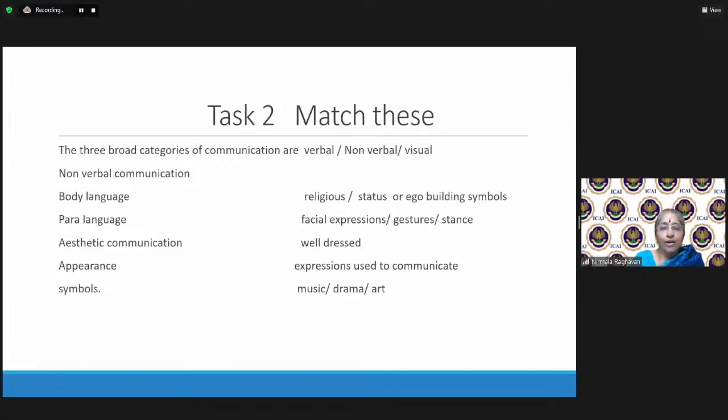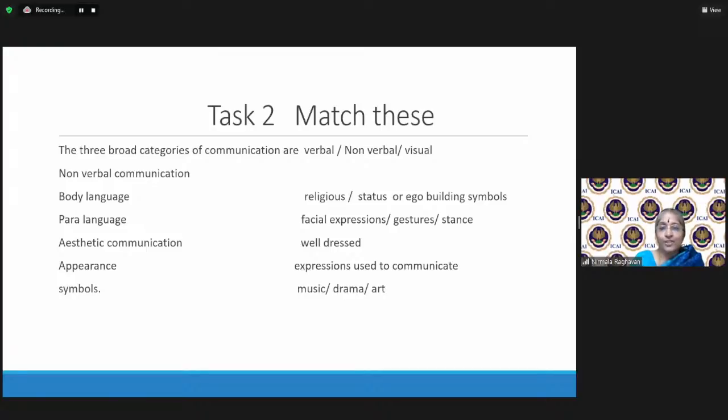The three broad categories of communication are verbal, non-verbal, and visual. What I have given you here are non-verbal communication: body language, facial expressions, gestures, stance, the way you stand, the way you pose yourself, posture. Body language is facial expressions, gestures, and stance.